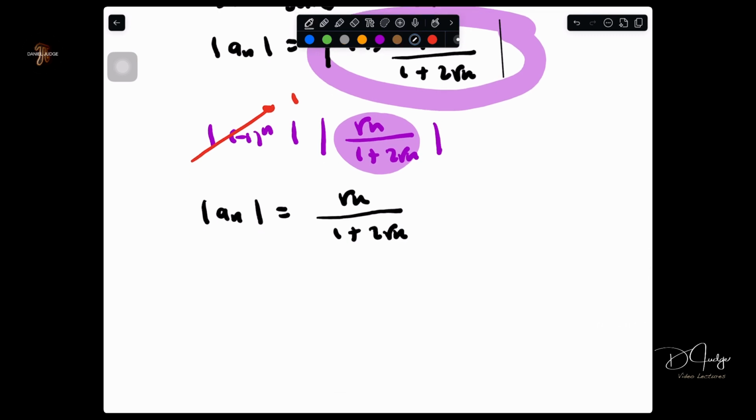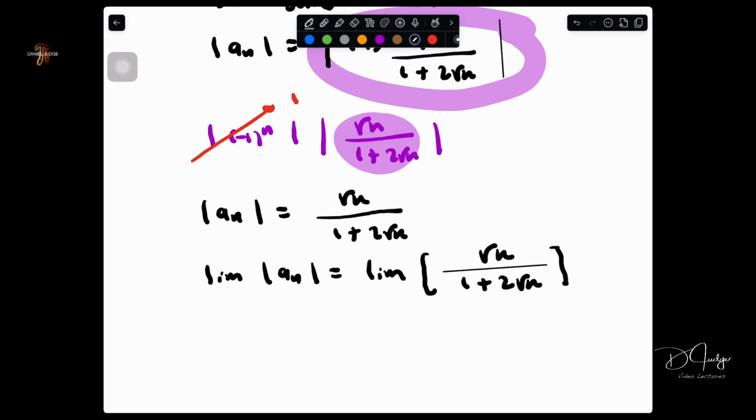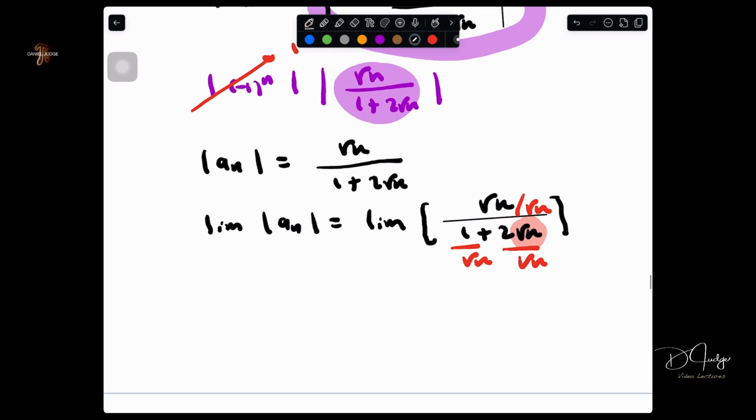Okay, so as you apply the limit to the absolute value, that's the limit of square root of n over 1 plus 2 square root of n. You're going to take that square root of n and divide every term by the square root of n, just like you did in Calculus 1.